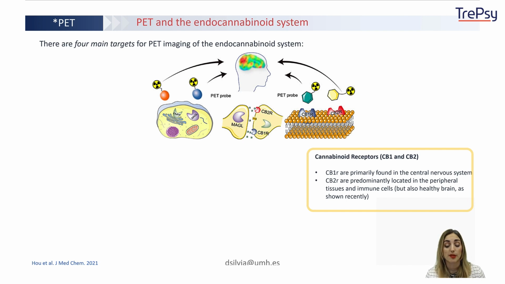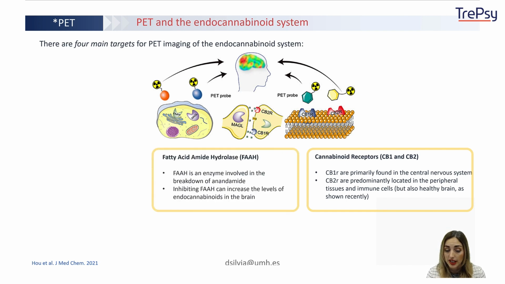The cannabinoid receptor 1 is primarily found in the central nervous system. Receptor 2 is located predominantly in the peripheral tissues and also in activated immune cells. But recently it has also been shown that it is present in the healthy brain.